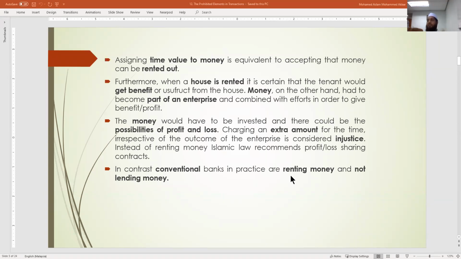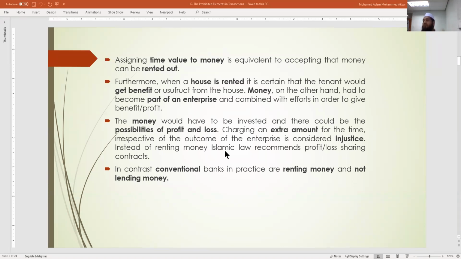Furthermore, when a house is rented, it is certain that the tenant would get benefit from the house. Money, on the other hand, has to become part of an enterprise and be combined with efforts in order to give profit. The money would be invested, and there could be the possibilities of profit and loss.